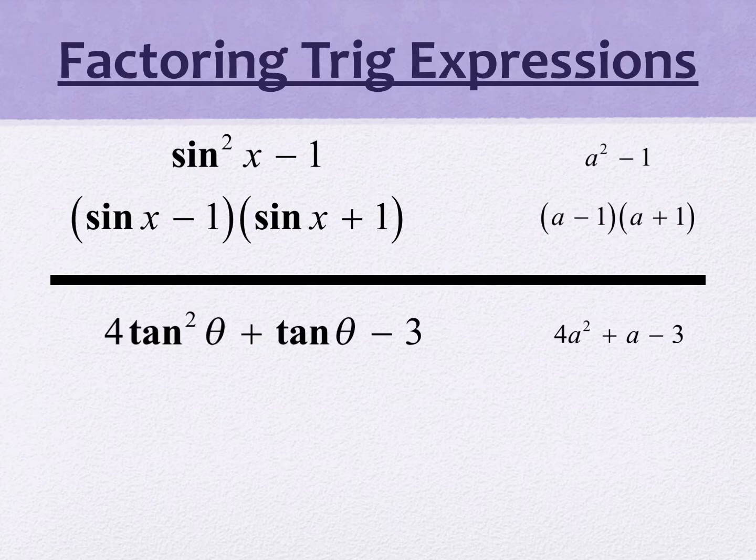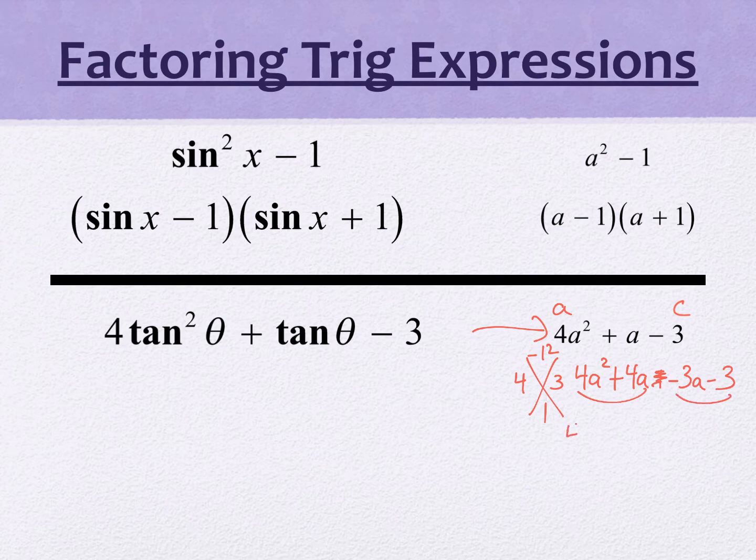Here I have a trinomial. It's a quadratic trinomial. So if I substitute in with a's, I can figure out my numbers first. A is 4, C is -3. So I'm trying to think of what multiplies to -12 and adds to 1. That's a +4 and a -3. So I'm going to substitute those in for my middle term so that I can factor by grouping. Then I can group the first two and factor out a 4a to leave behind a plus 1.